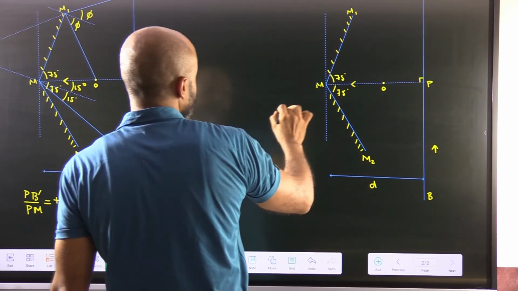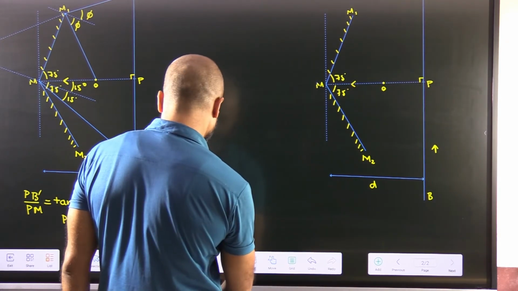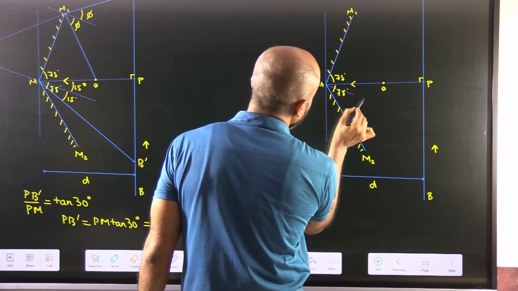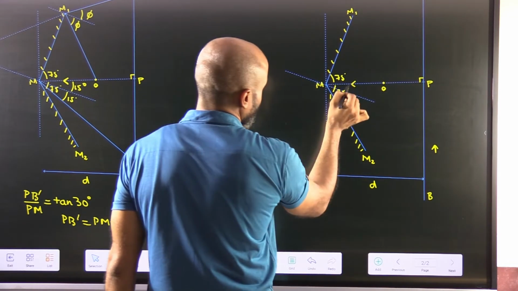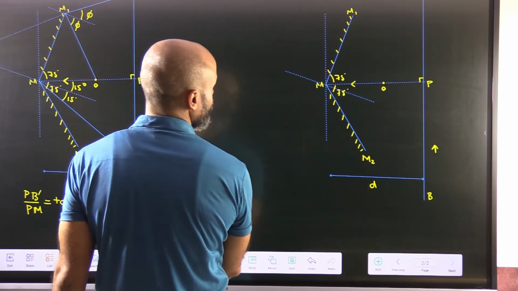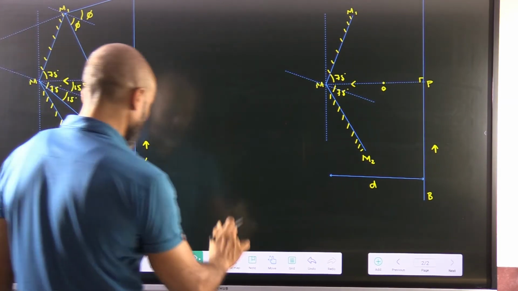In the same way, if I happen to draw a perpendicular here, after reflection, this will be obviously making an angle of 15 degrees, or rather we will have a perpendicular not drawn this way.